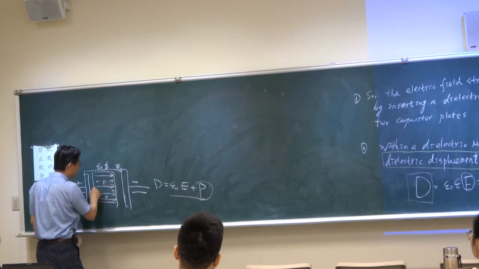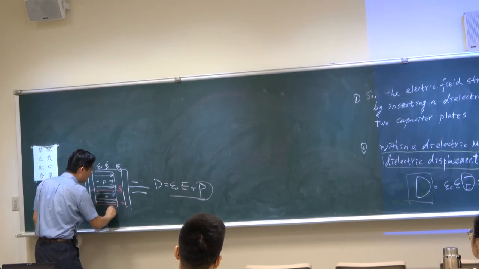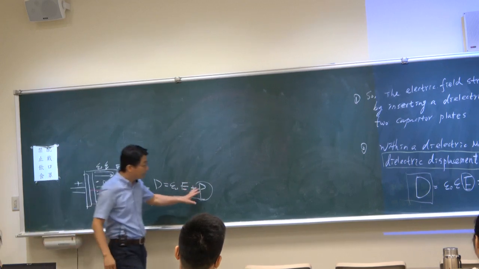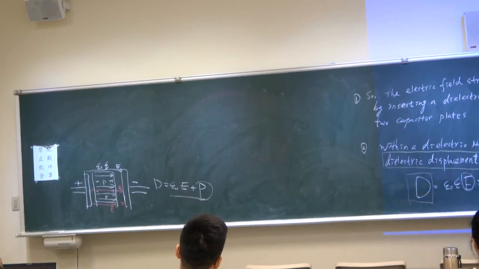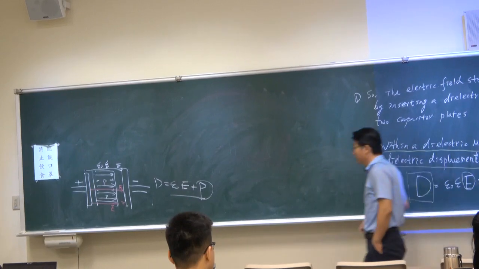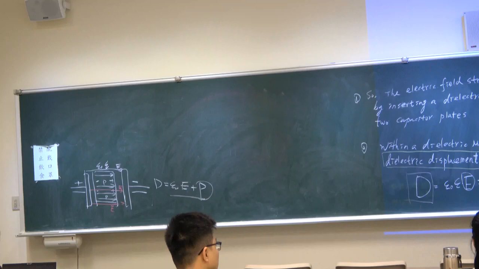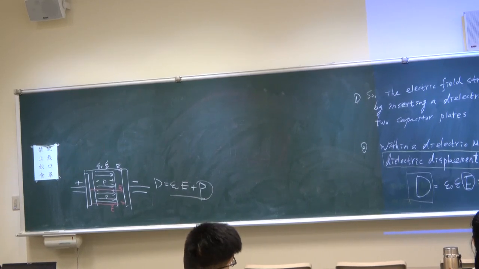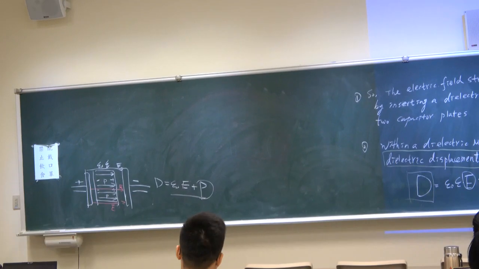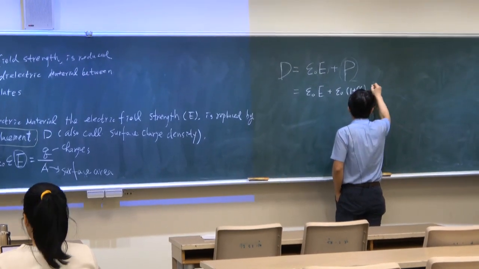This is again, there is an E. I want to prove how this term is equal to this term. So you can write this as epsilon 0 E plus epsilon 0 chi E.